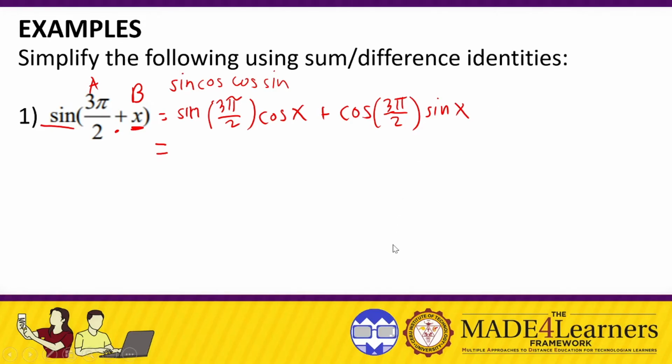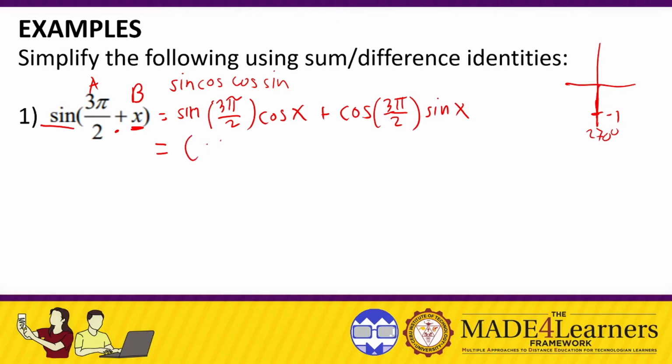Sine of 3 pi over 2 is actually 270 degrees in degrees, so it's negative 1.